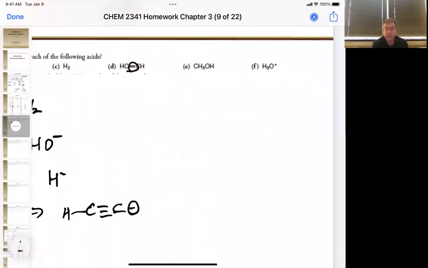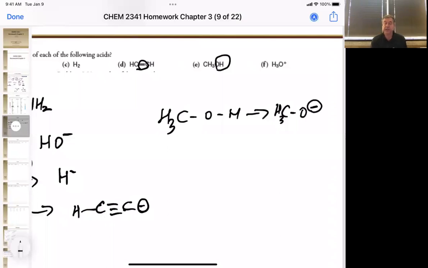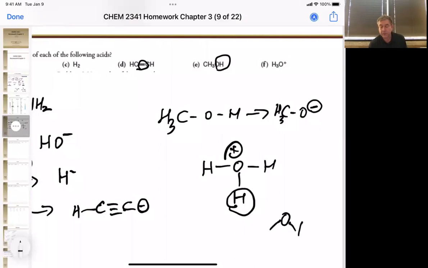All right, so let's see. This is the most acidic hydrogen on here. So we're going to go from CH3OH to CH3O minus. So that's going to be its conjugate base. Oh, and so we have H3O plus, and we're going to remove one of these protons so that we're going to get back to H2O.